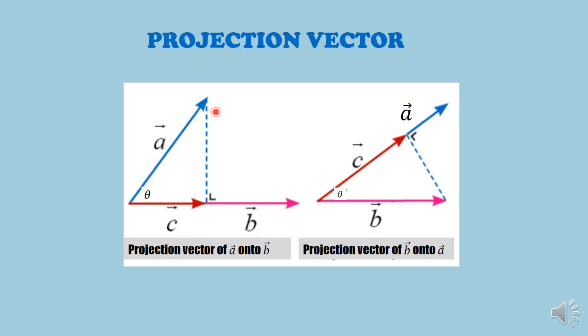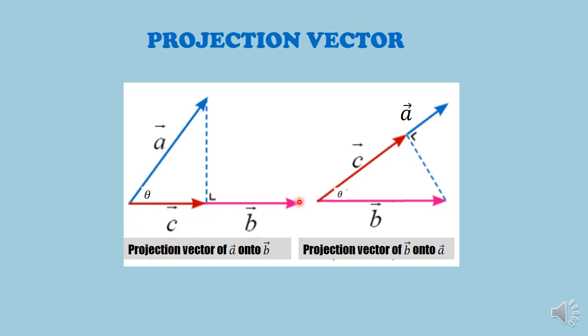Let's imagine that we make a line from the head of factor A that is perpendicular to factor B. So we get factor C. We get factor C as the projection factor of A onto B, which has the same direction as factor B. Okay, this is a projection factor of A onto B.